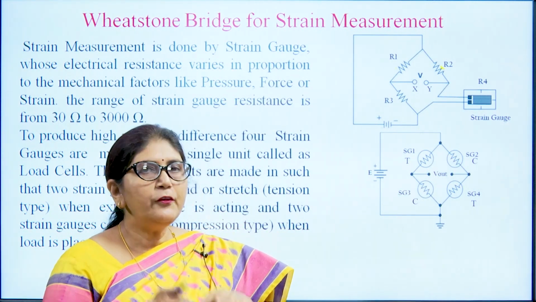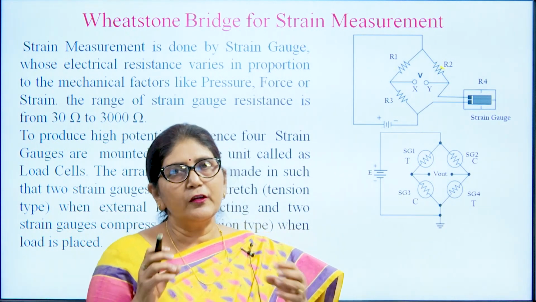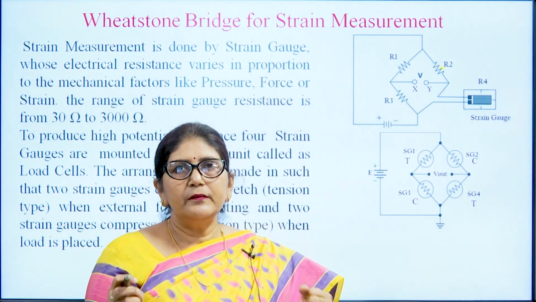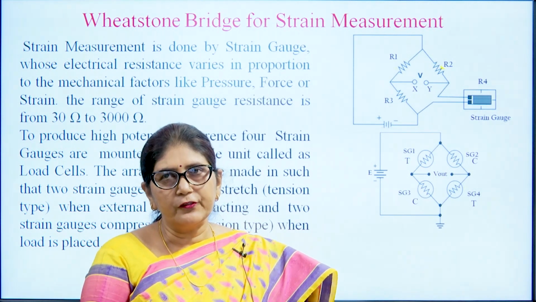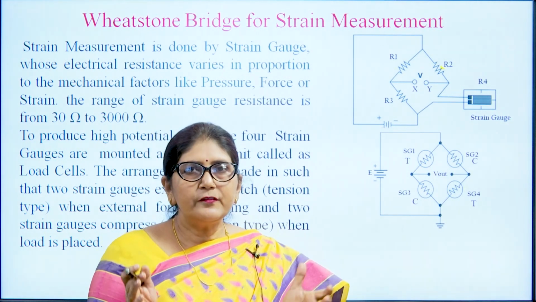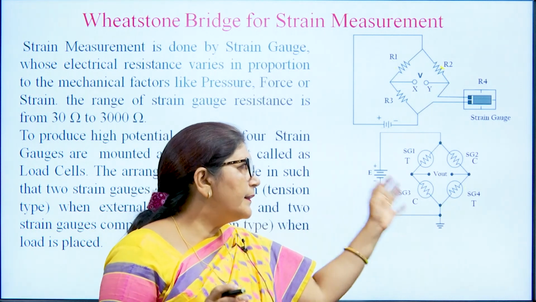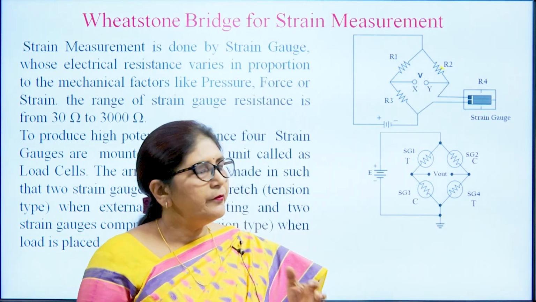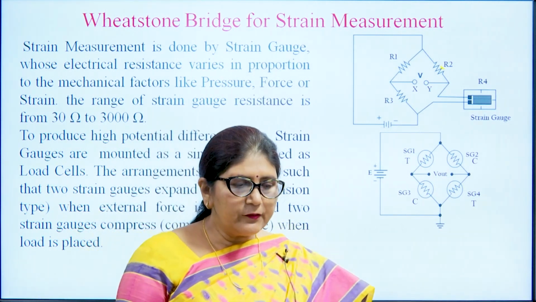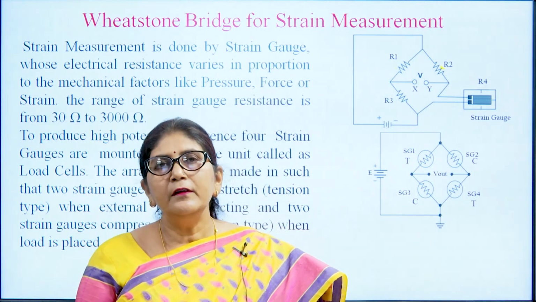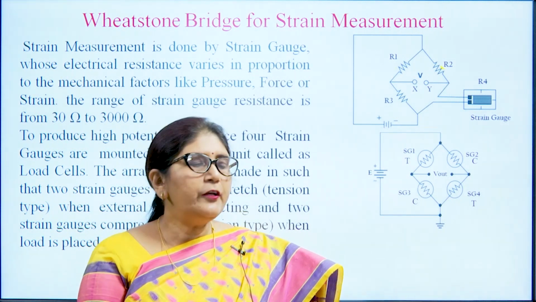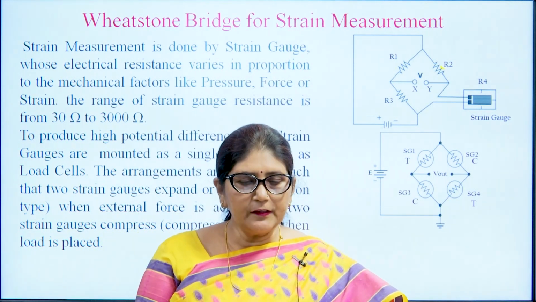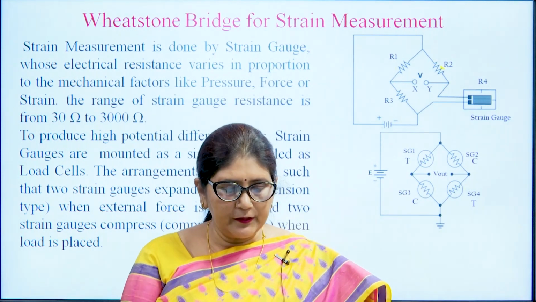When weight or pressure is applied, 2 strain gauges form a tension and 2 form the compression. Because of that, the voltage difference will be high, and that can be measured in terms of weight. So, we can calibrate the voltmeter, and we can measure the weight, force or strain by this particular configuration.